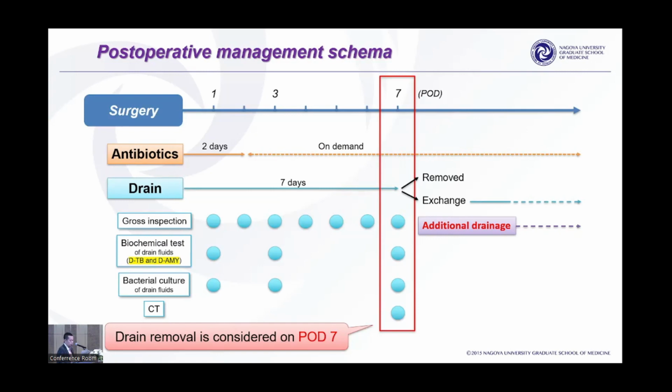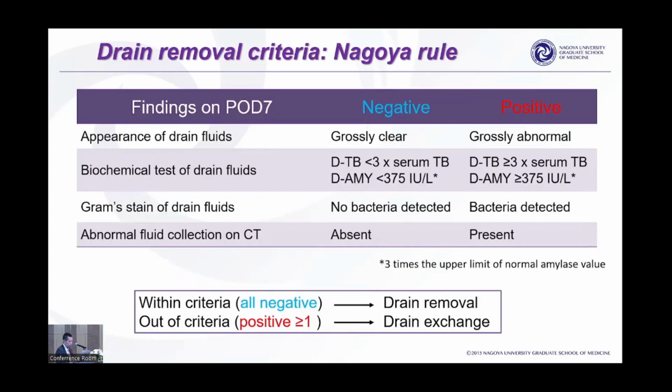CT is routinely conducted to survey abnormal fluid collection on POD 7. Drain removal is considered on POD 7. Drain removal is determined based on 4 findings.